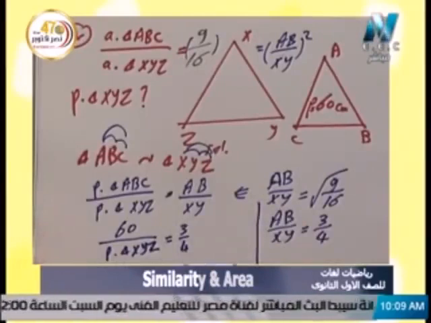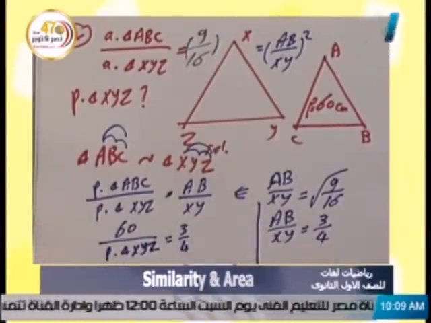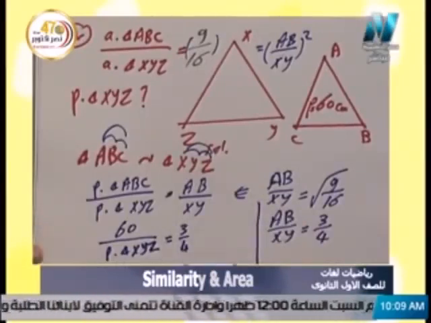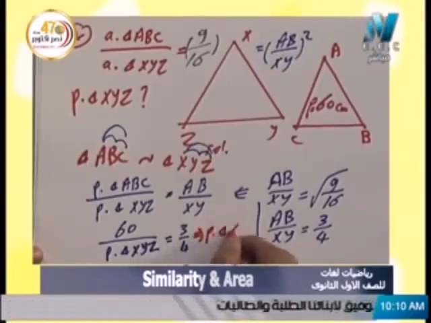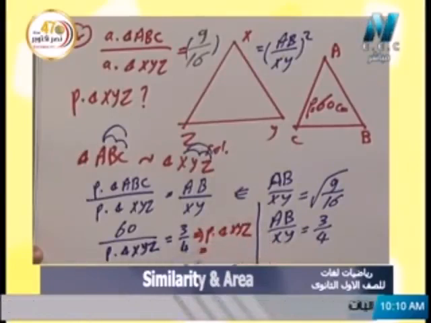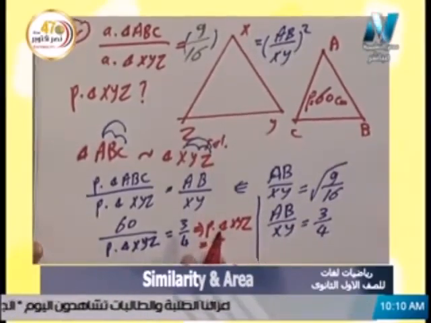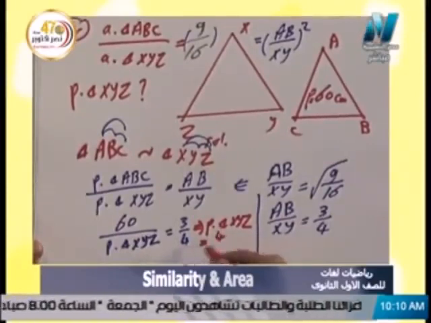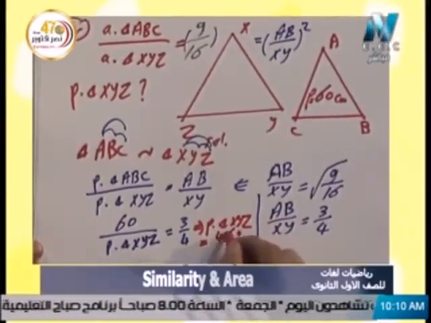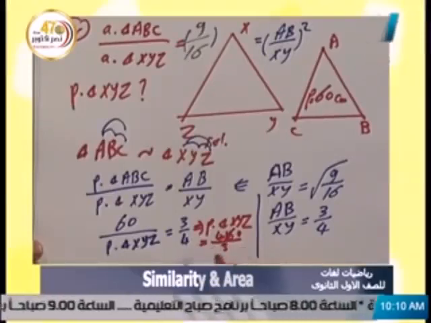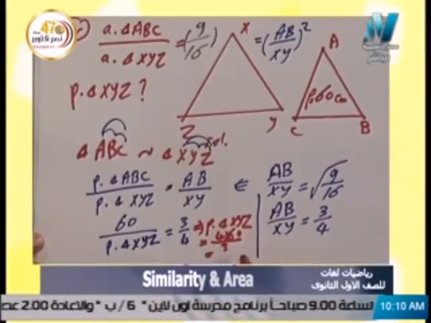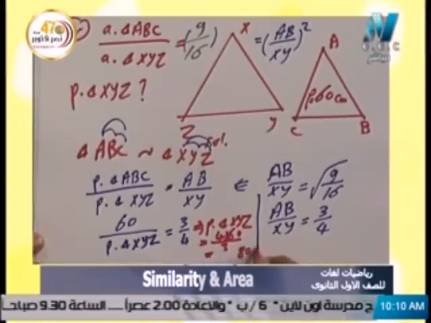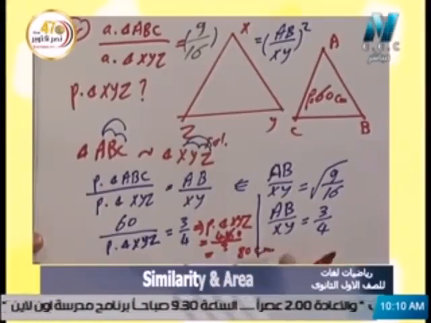So to get the perimeter of triangle XYZ, it will equal 4 multiplied by 60 over 3, and the final answer will be 80 centimeters.